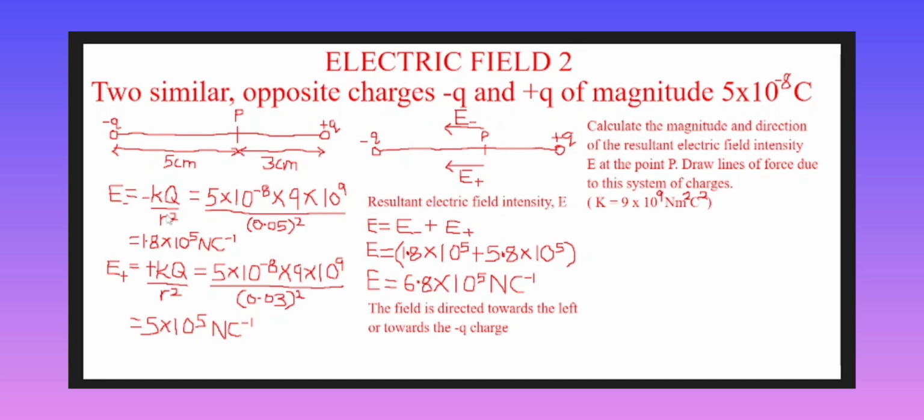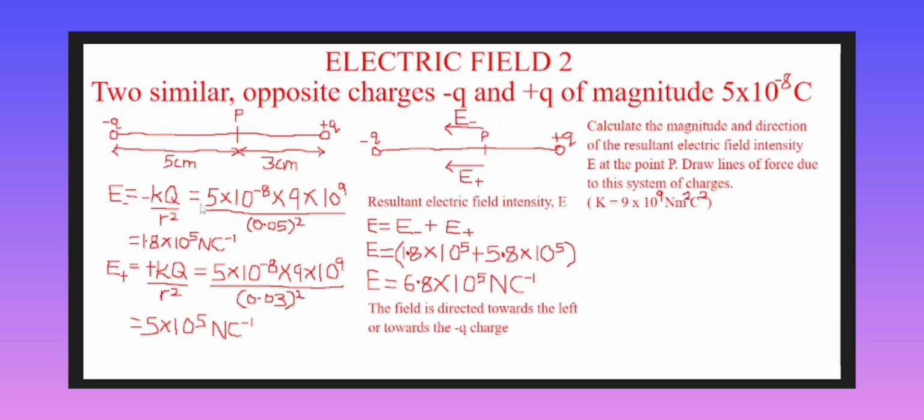Our K is already given to us as 9 times 10 raised to power 9, and the Q, which is the magnitude of the negative charge, is 5 times 10 raised to power minus 8.